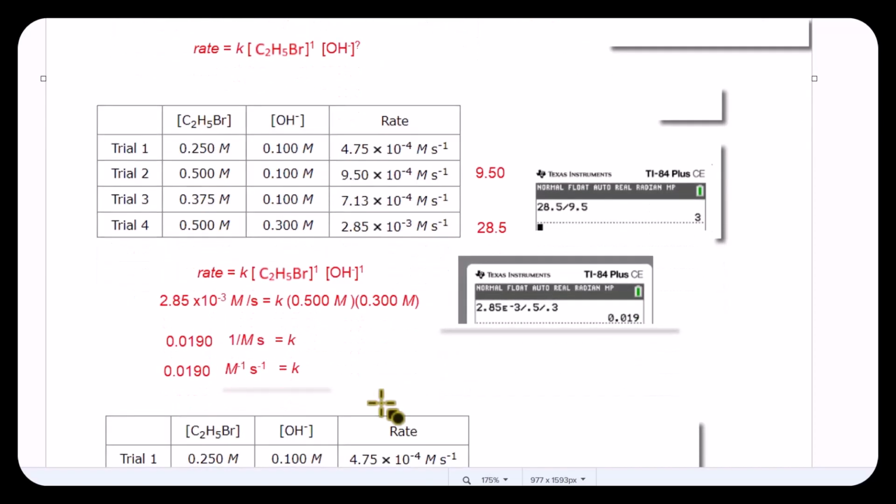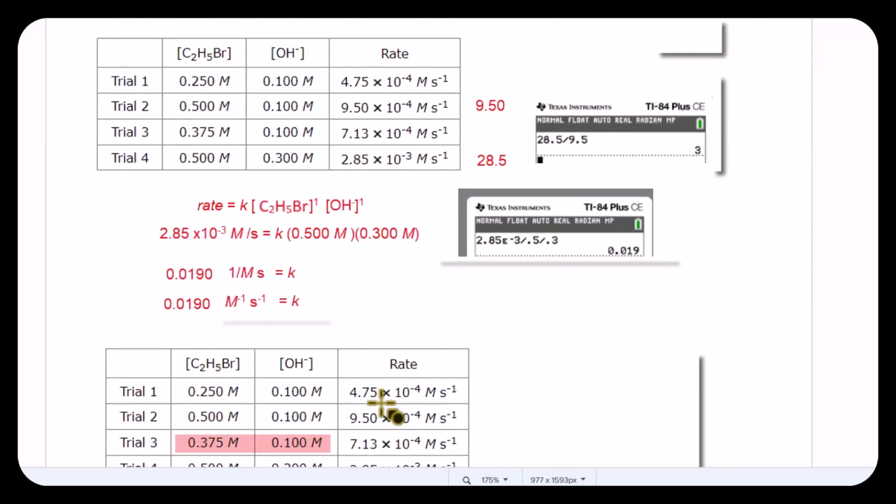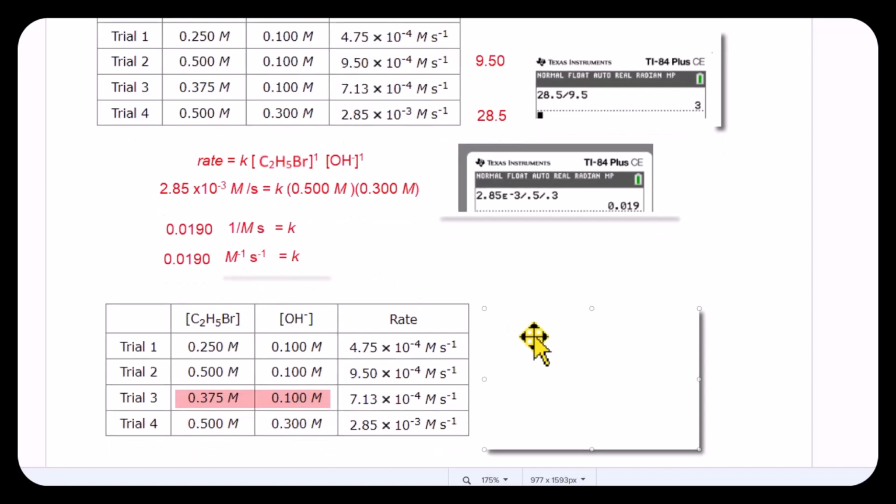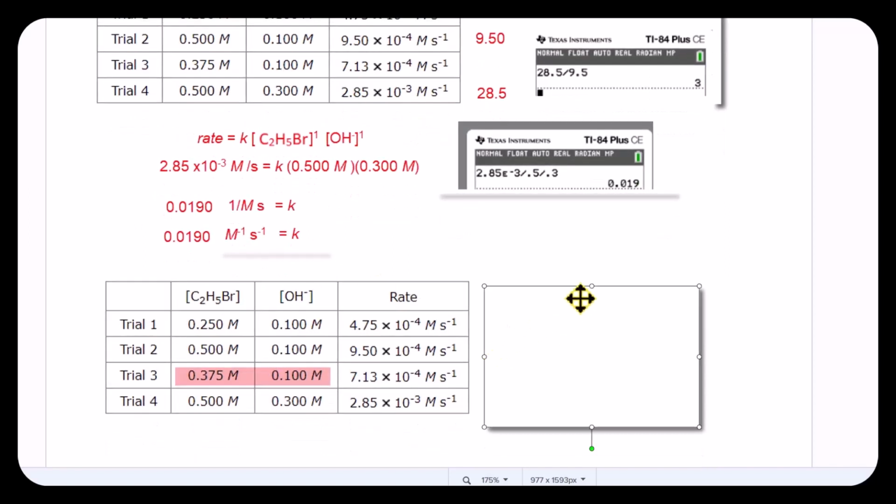So let's go for one more point, the last point on an FRQ that involves rate laws. Let's check and see what the rate should have been during trial 3, with 0.375 molar and 0.1 molar. Let's see what the rate is based on our rate law expression with this constant. Okay, let's scroll up and do the math.